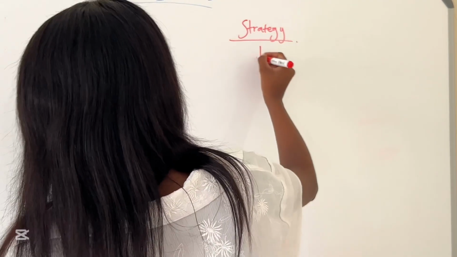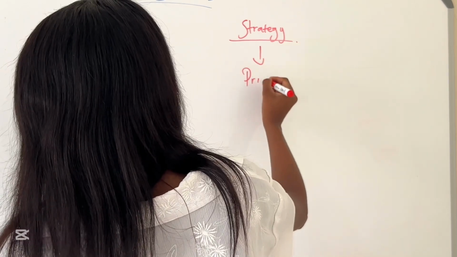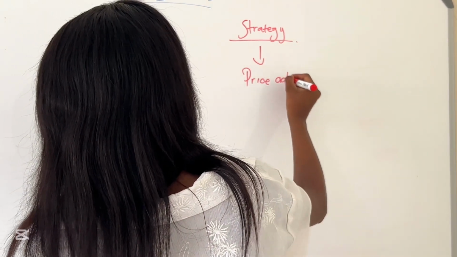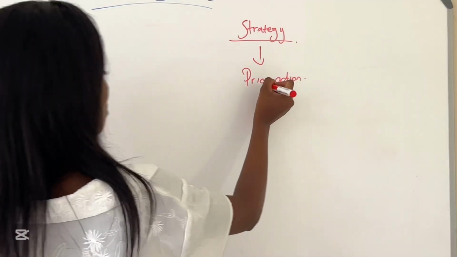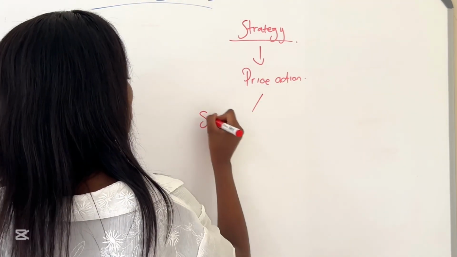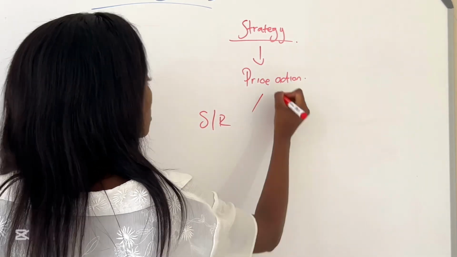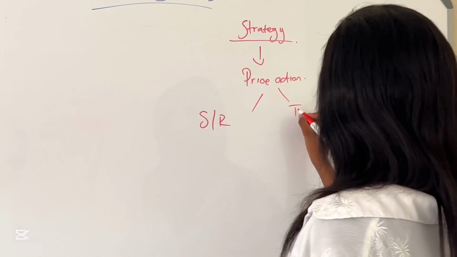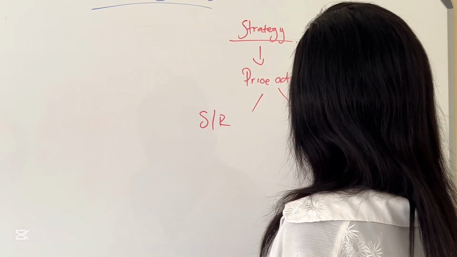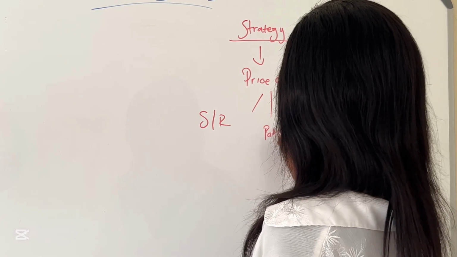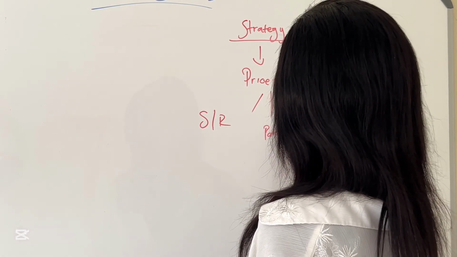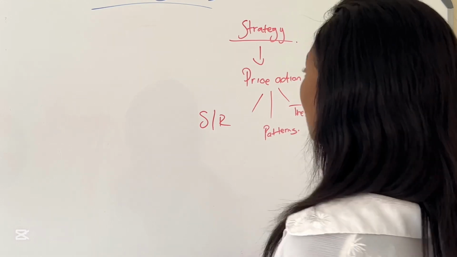I said to you, we will be focusing on price action. So we have your trend lines, you have your support and resistance, we have your patterns, what else do we have?